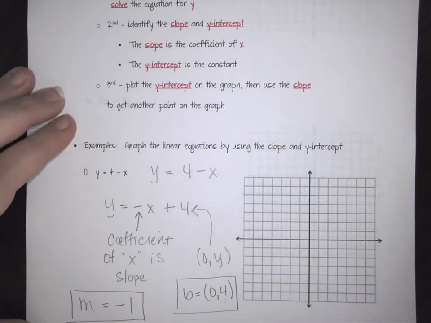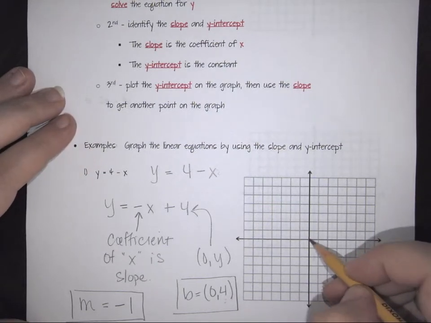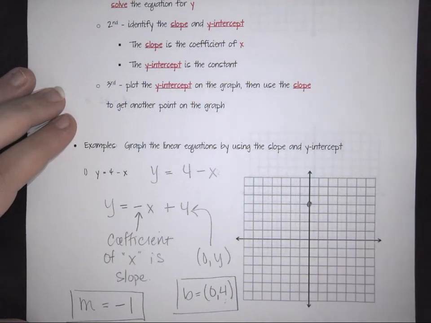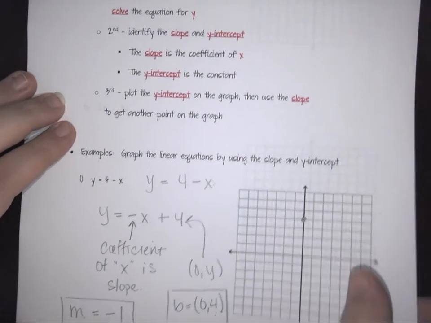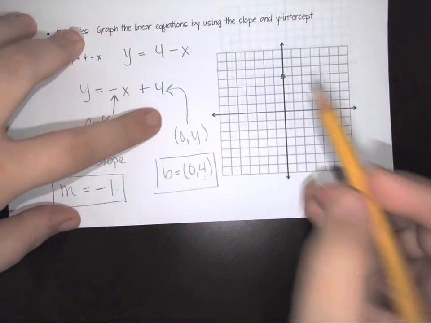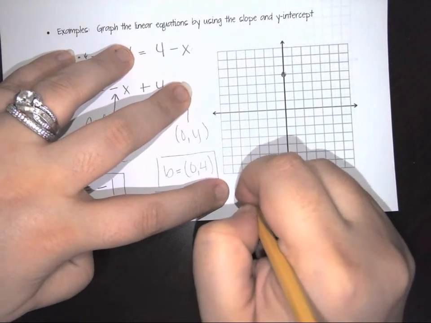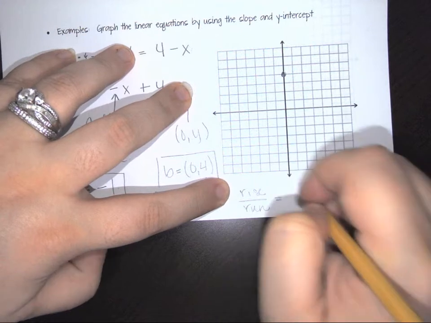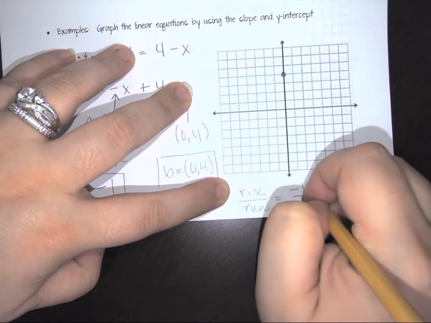Now in order to graph, you're going to use that first. So (0, 4) is start at 0, and we're going to go up 1, 2, 3, 4. And here's our point. And then I have a slope of negative 1. So when we're thinking about rise over run, what we have is negative 1 over 1.